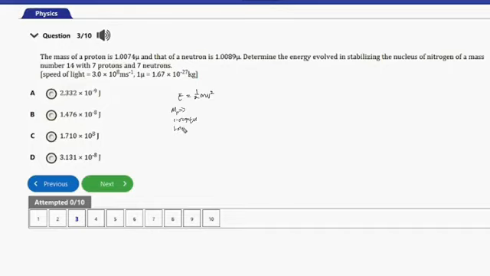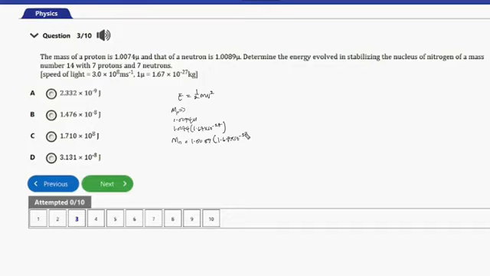So since we have this stated here as mu, then the mass here for one proton will be 1.0074 times 1.67 times 10 to the power of negative 27. And then the mass of one neutron will be 1.0089 times 1.67 times 10 to the power of negative 27.